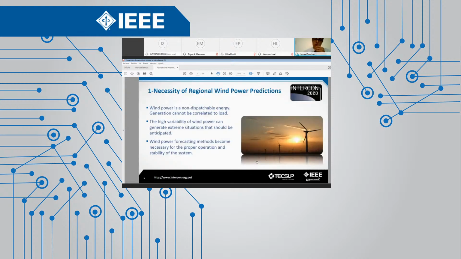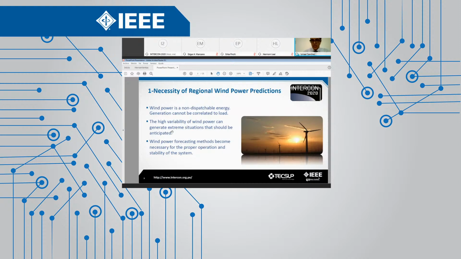Why do we need wind power predictions? Wind power is a non-dispatchable energy. The owners of wind farms cannot offer to the market the energy that they want. Also, the transmission system operator cannot use as much energy as they need from this kind of wind power energy. So it's very difficult to balance, to equate supply and demand.